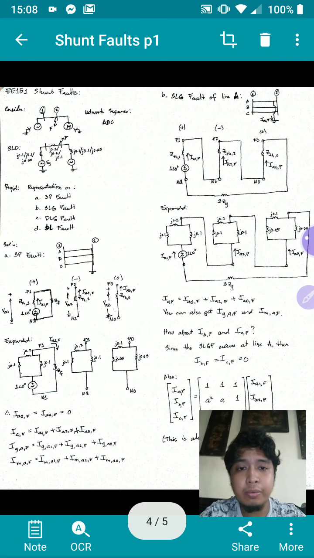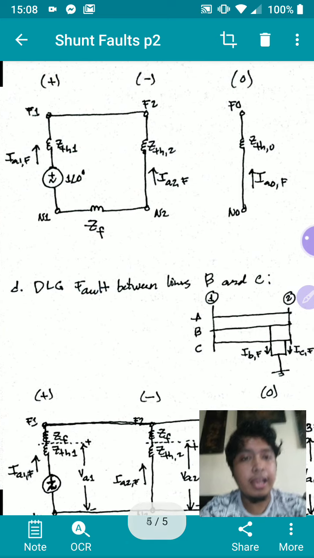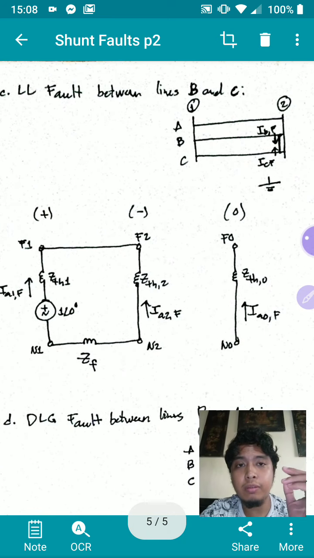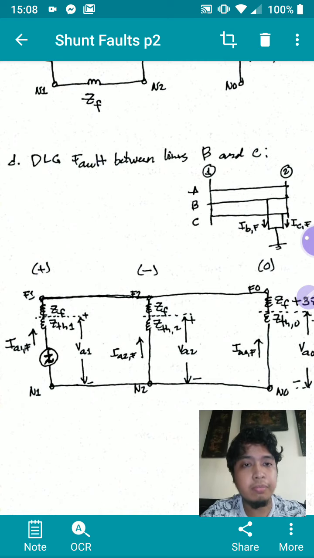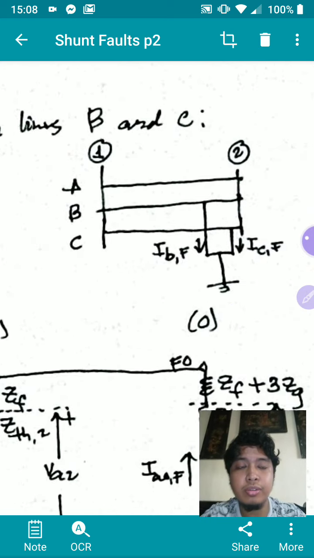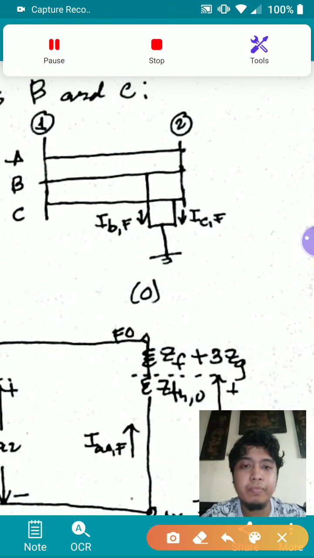So what we've done is single line to ground fault on A, line to line fault between B and C, and double line to ground fault between B and C. So the idea is that basically what you have is two lines that are grounded.